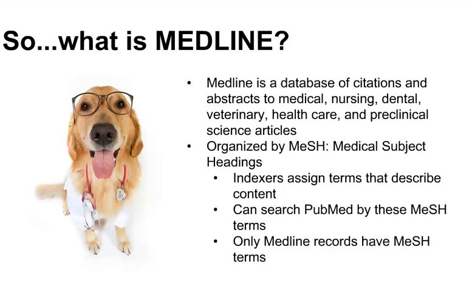So what you can do now is you can tell PubMed that you want to search using only these MESH terms. So for example, induction chemotherapy is a MESH term.